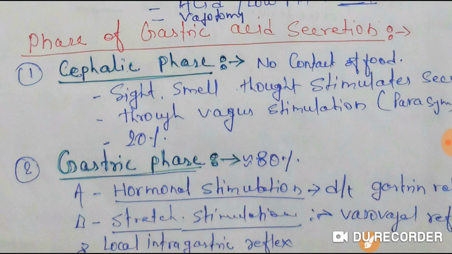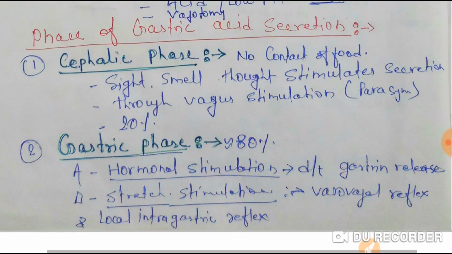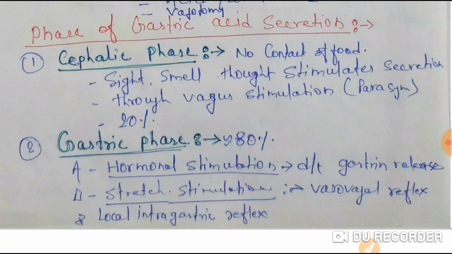Then we start with the phases of gastric acid secretion. This is divided into three phases: cephalic phase, gastric phase, and intestinal phase.